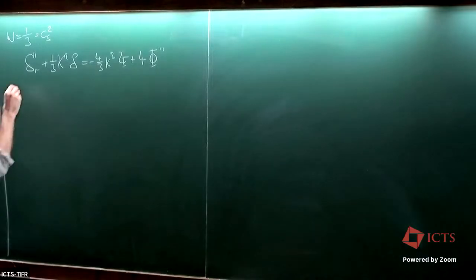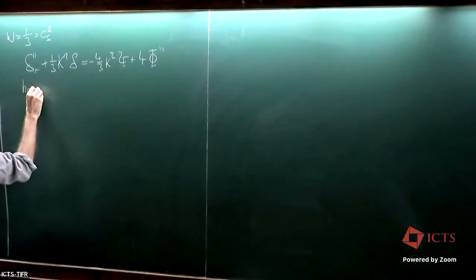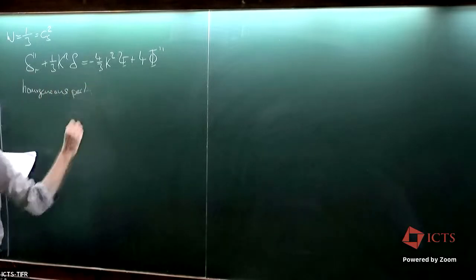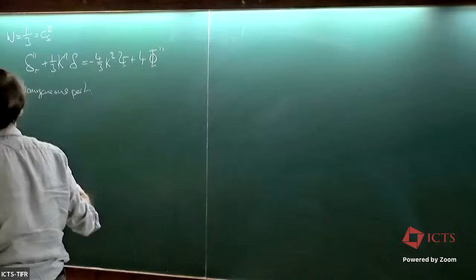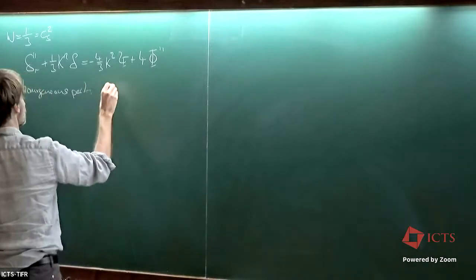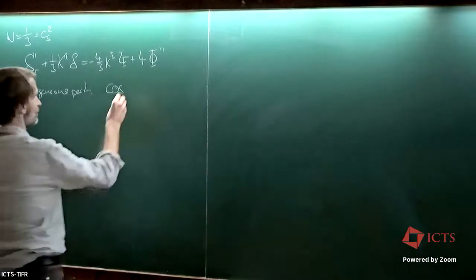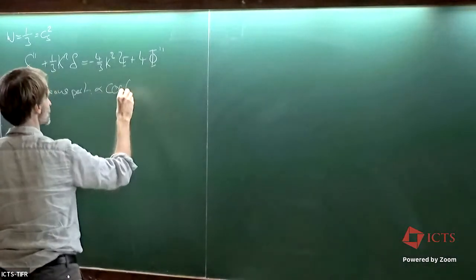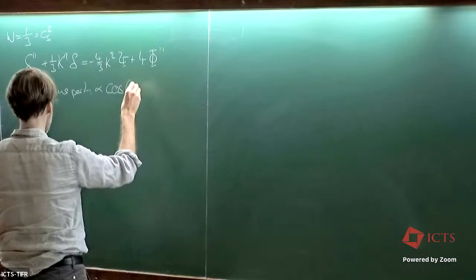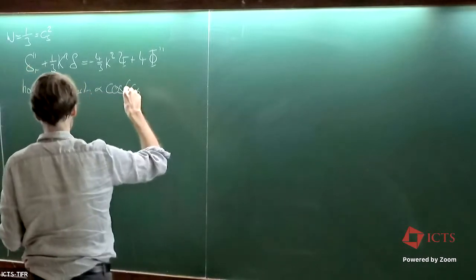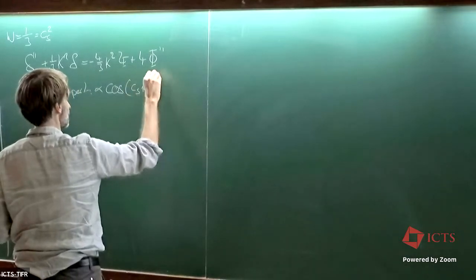And we see that we get oscillatory solutions. So what we find is that they are proportional to cosine of the sound speed, which is 1 over square root 3, times k tau.